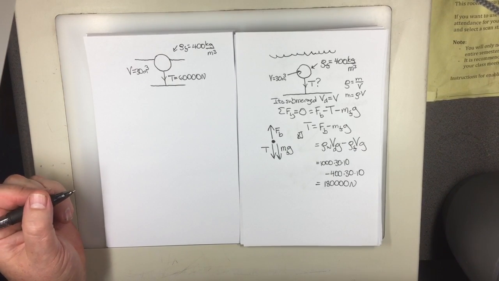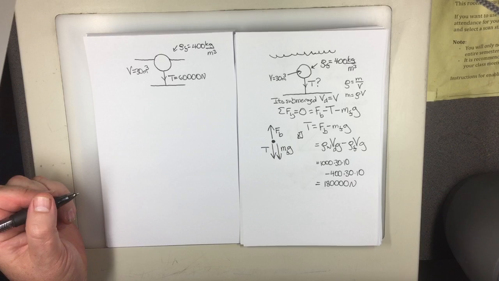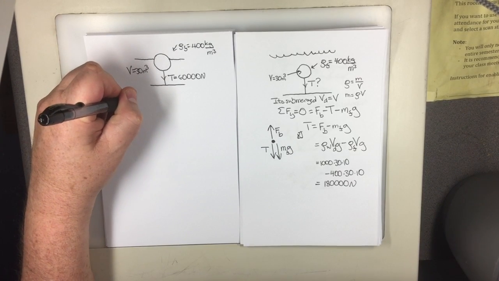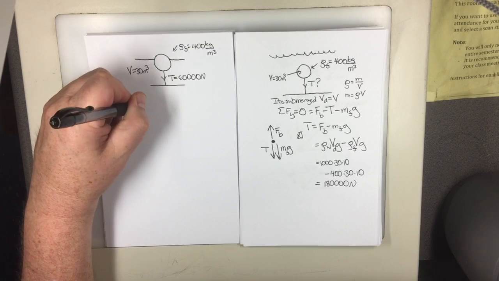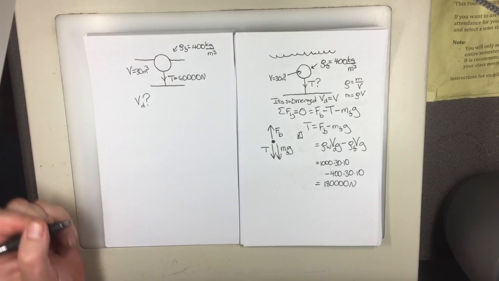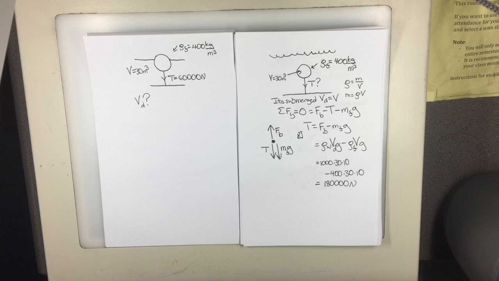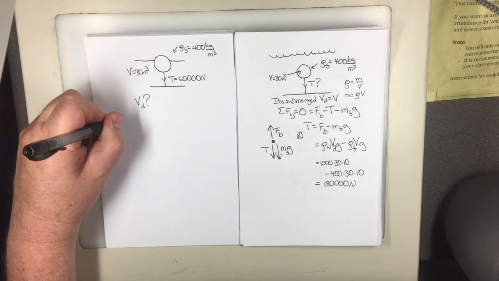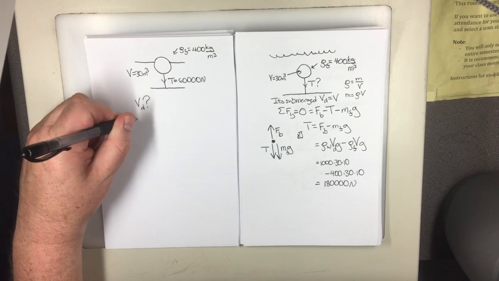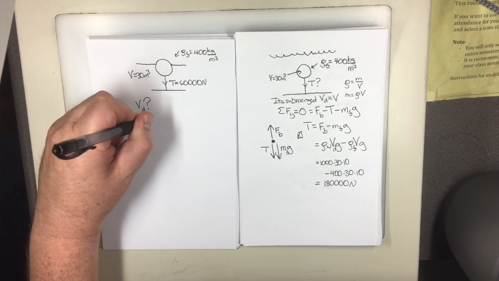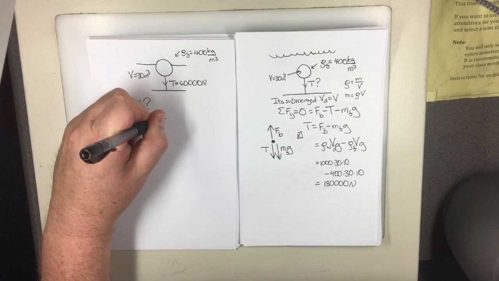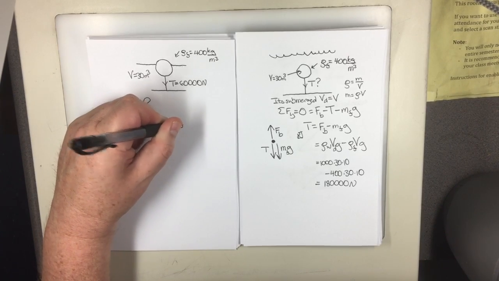But the question that I want to know is, what is the volume of displacement? How much of the sphere is truly underneath the water? And so you set it up the same way. Sum of the forces in y equals 0, which is equal to FB minus T minus MFG.